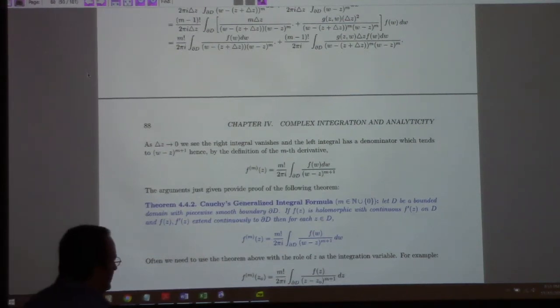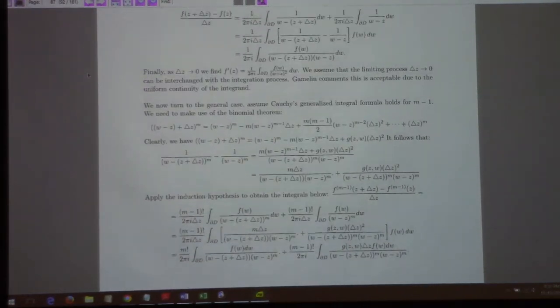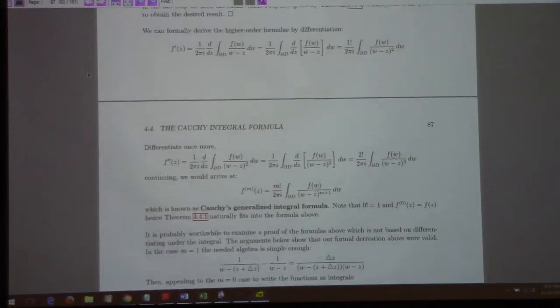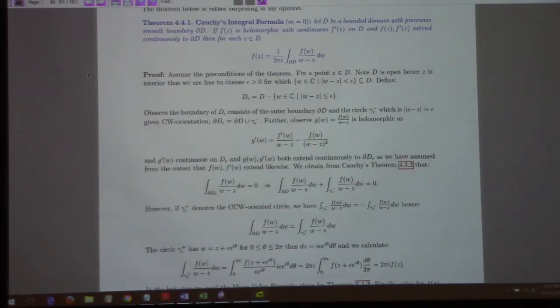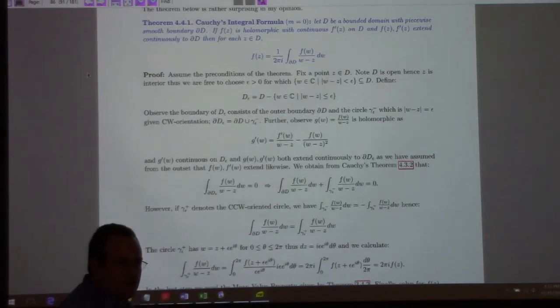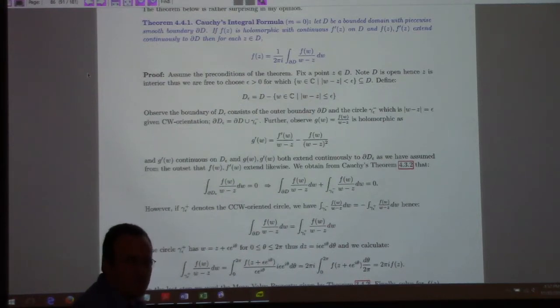Now, technically, this is not quite legitimate, but if you go back to Cauchy's integral formula, it says that if we integrate f of w divided by w minus z, provided that f of w is analytic inside this closed curve boundary of D, all right? So D is like a disk or something. It's a simply connected region of the complex plane.